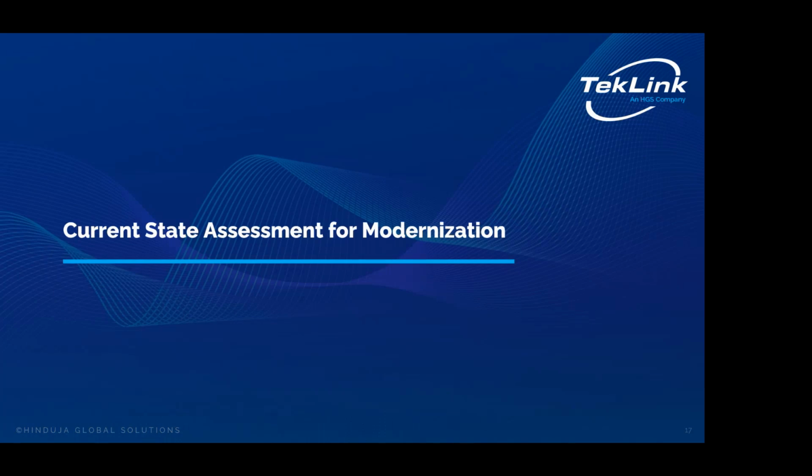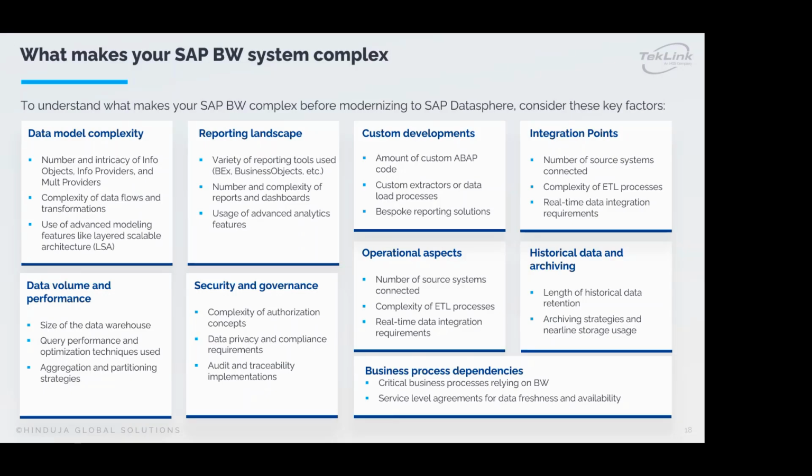So what makes your BW system complex? Check your SAP. Next slide, please. Check your BW system for complexity before upgrading to SAP DataSphere. Explore the complexity of InfoObjects, providers and multi-providers.